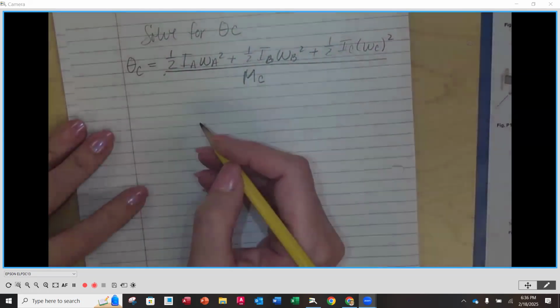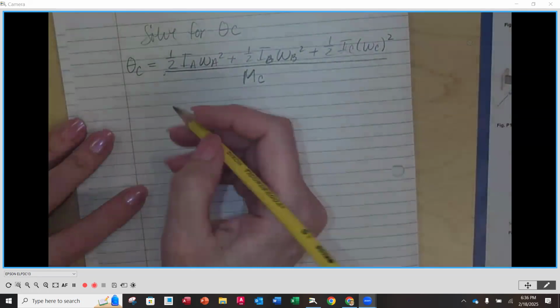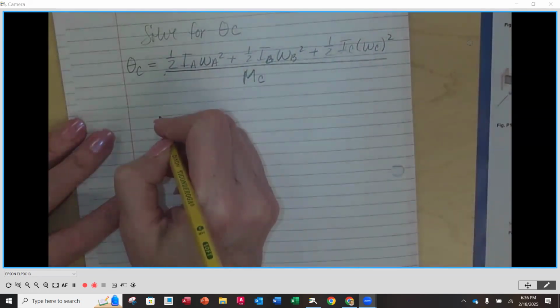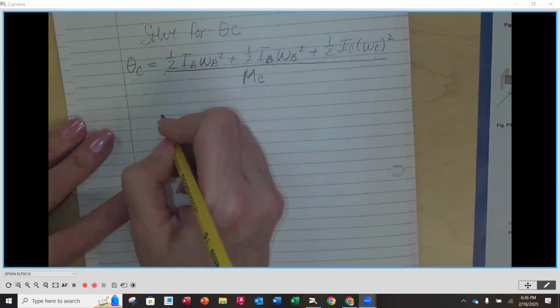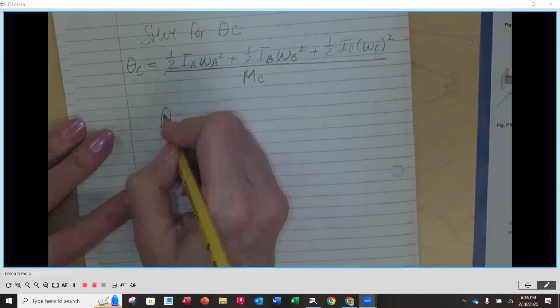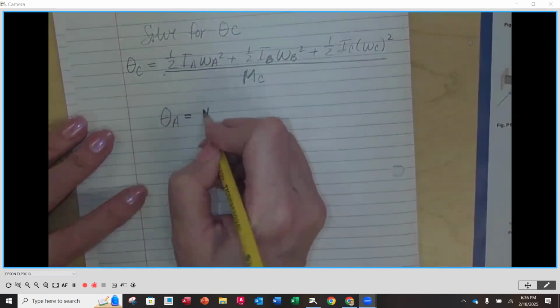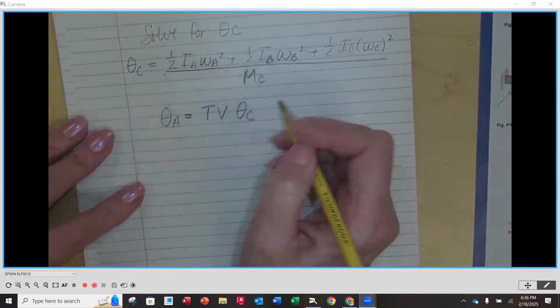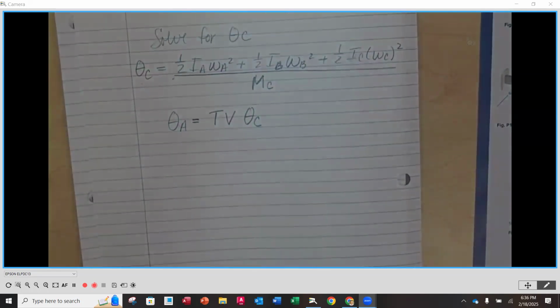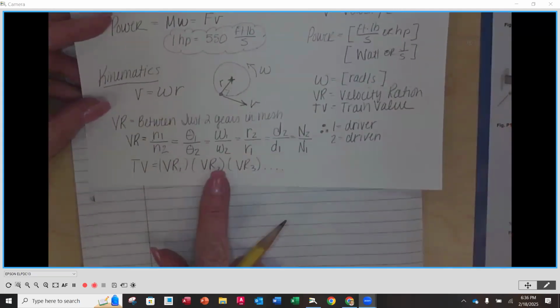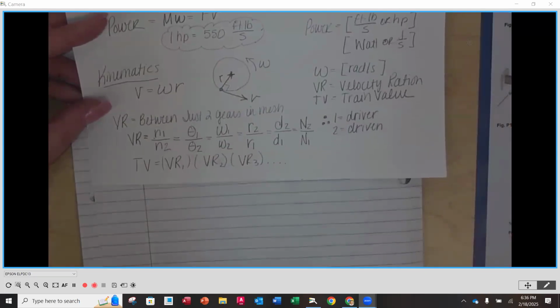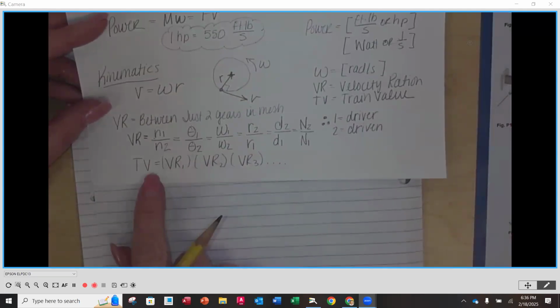I'm going to give you this hint, and then you guys are going to finish this up. Theta A is going to be equal to your train value times theta C. Train value, remember, when we have more than one gear in mesh, so we have 2 sets of gears in mesh here, is taking the individual velocity ratios between A and B and C. Multiply those together and you're going to get a train value.